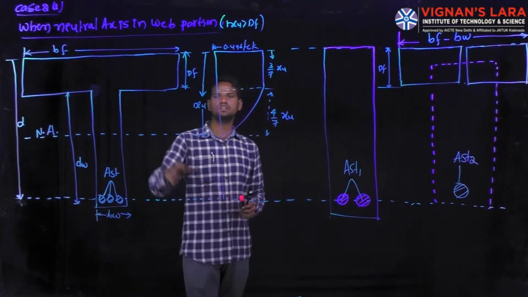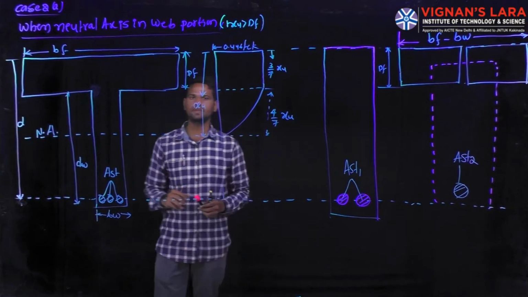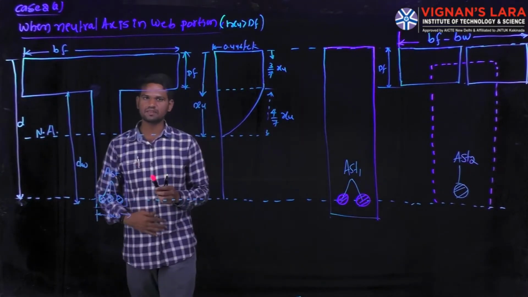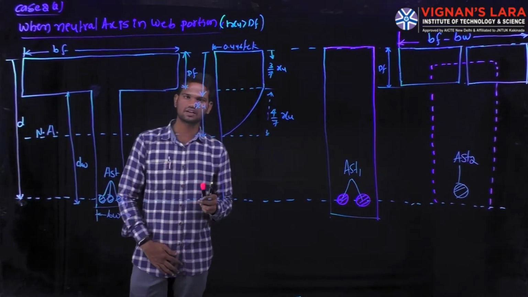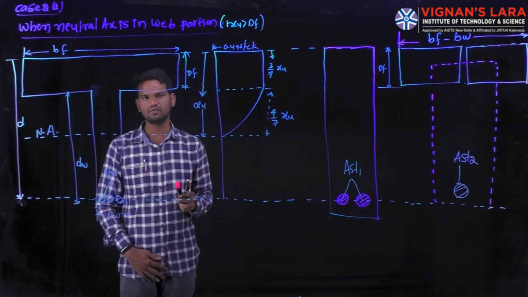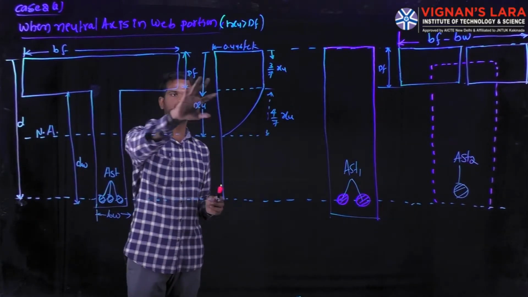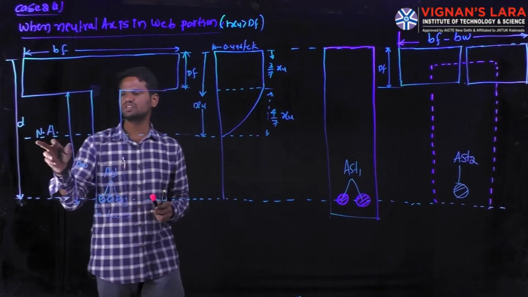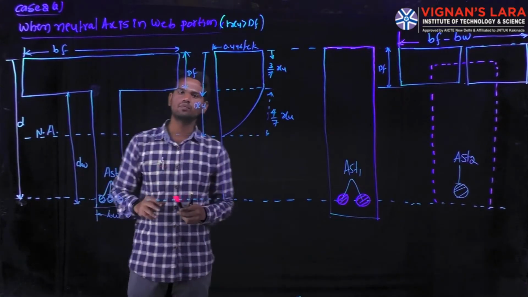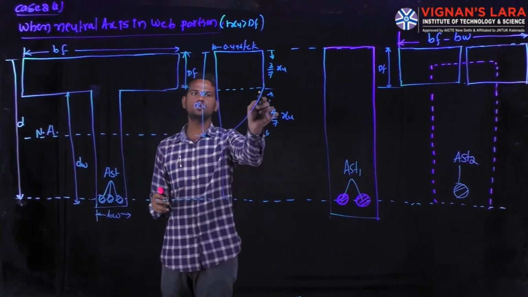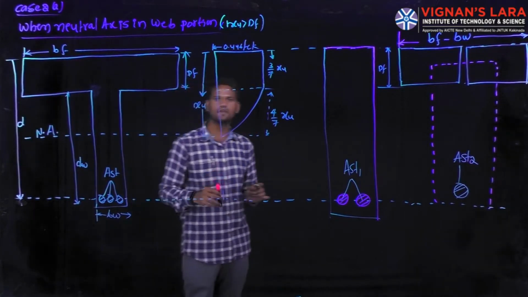This is the stress block parameter based on the assumptions of limit state of collapse under flexural condition. We have discussed the various assumptions, and the same assumptions we are considering here. This is the neutral axis. From the neutral axis up to the strain of 0.002, the curve is parabolic.